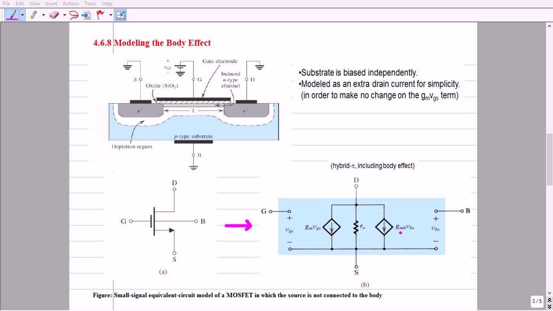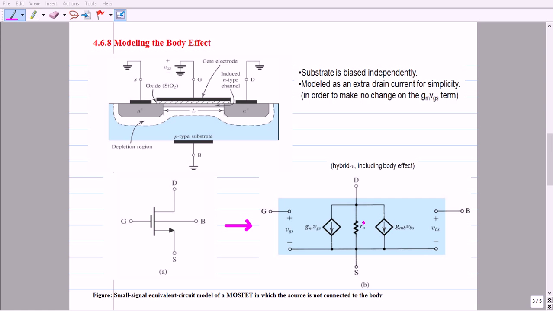The first is GMB times VBS, which flows due to the bulk to source voltage applied. The second is GM times VGS, which flows due to the gate to source voltage applied. The net current is the sum of GM VGS plus GMB times VBS.